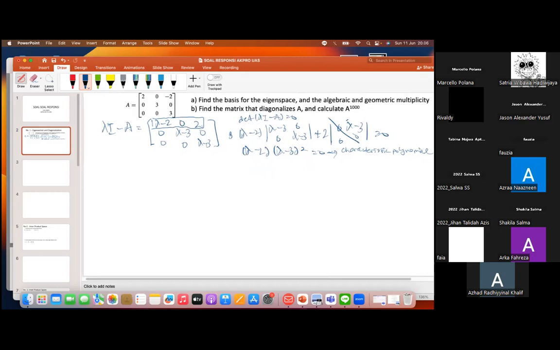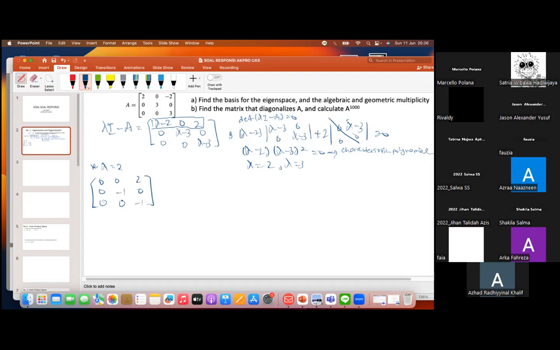And then we plug in the values. Your lambda is 2 and 3. The first thing we do is plug lambda equals 2 into this equation. We get 0, 0, 2; 0, negative 1, 0; 0, 0, negative 1.